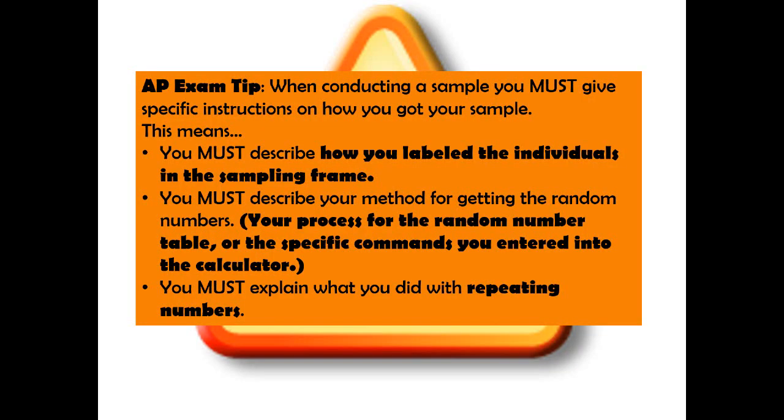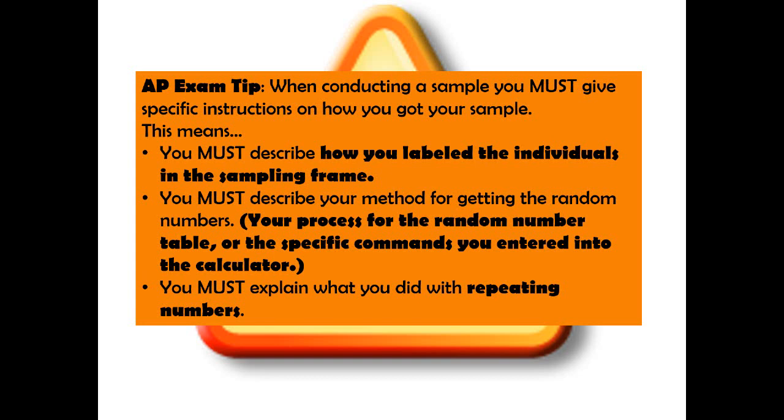So, on the AP exam, when you're conducting a sample, you must give specific instructions on how you got your samples. So, you must describe how you labeled your individuals in your sampling frame. You must describe your method for getting random numbers. So basically, how did you use your random number table?